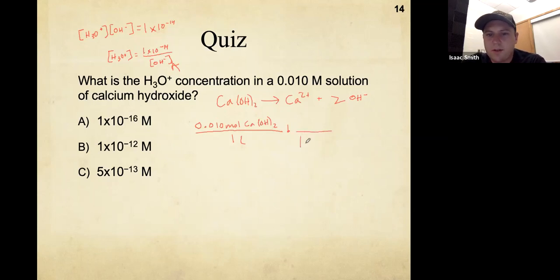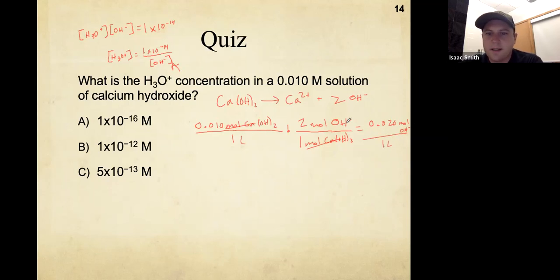to say is that for every 1 mole of calcium hydroxide that's dissolved, we're going to produce 2 moles of OH minus, right? So now we've canceled out moles of calcium hydroxide and we're left with 0.020 moles of OH minus divided by 1 liter, right?